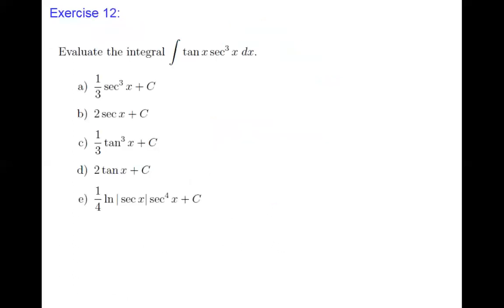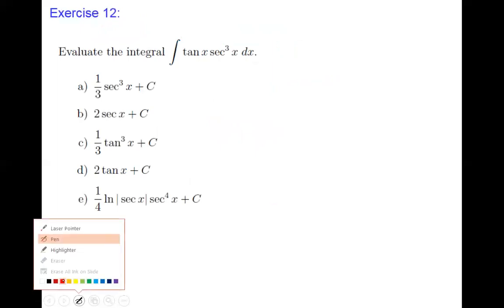Okay, and I still have a few integrals. Let's see, that's a nice multiple choice question. Evaluate the integral of tangent of x times secant cubed of x. That means this one is definitely both of the exponents are odd. I will use the u substitution secant of x, but I have to get ready.